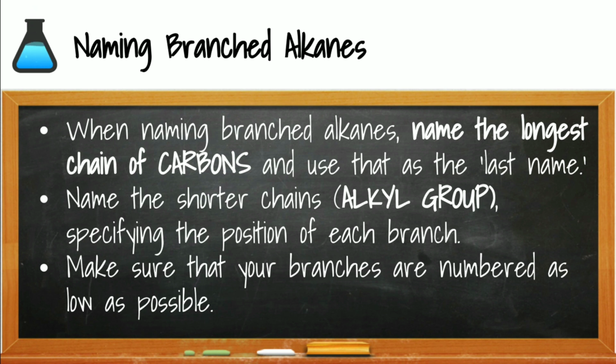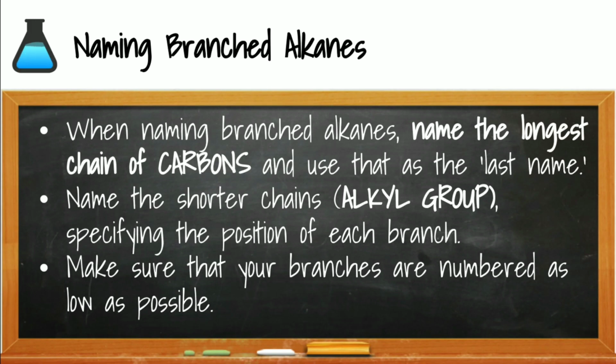Now, all the branches that are hanging off this long continuous chain are called alkyl groups. The suffix YL will help us indicate that these are branches and not part of the main chain of carbon. And we'll want to number the location of the branches, much like we number the location of double or triple bonds, making sure, just like in double or triple bonds, that the number is the lowest possible number.